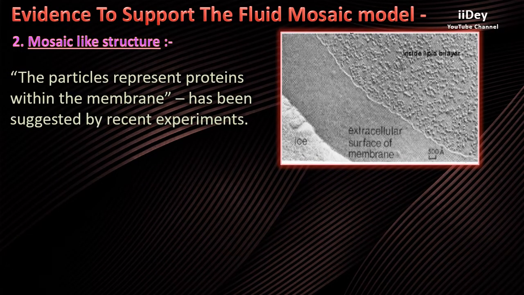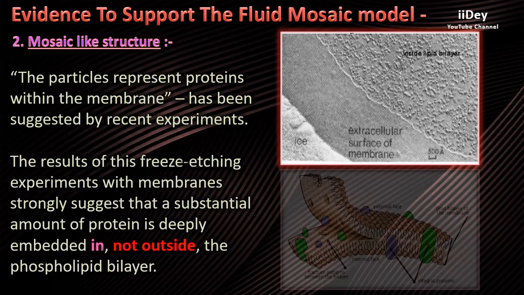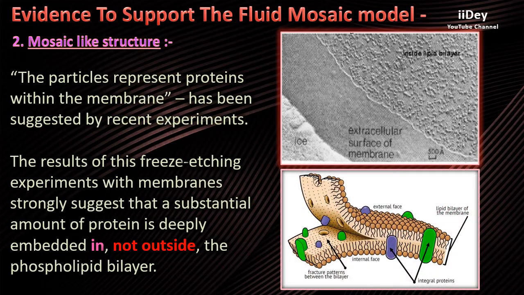Recent experiments suggest the particles represent proteins within the membrane. The results of these freeze-etching experiments strongly suggest that a substantial amount of protein is deeply embedded in, not outside, the phospholipid bilayer.